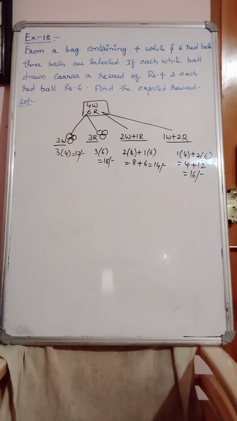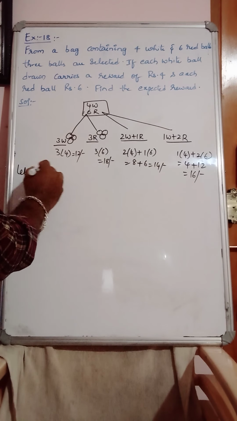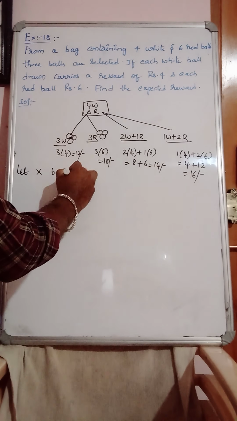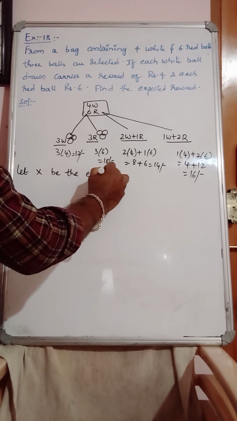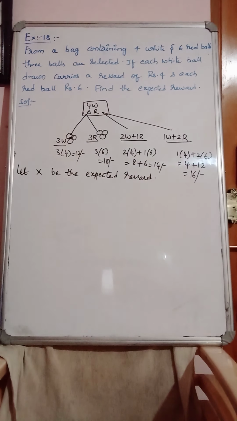Now, according to this question, let us see first. Let X, capital X, be the reward, or the expected reward or amount. Anything you can write. Let capital X be the expected reward.